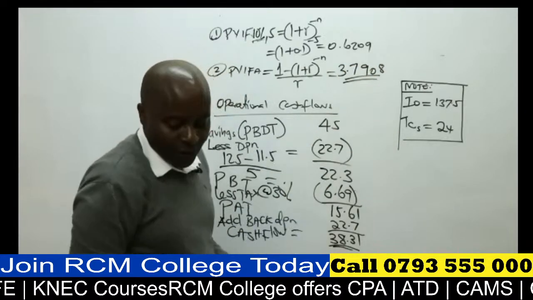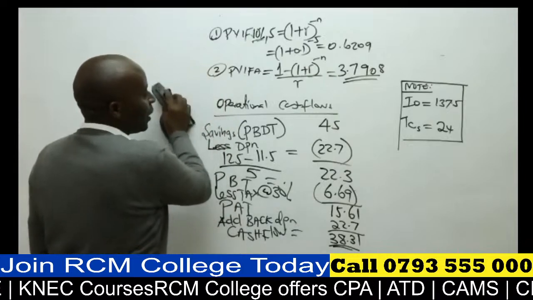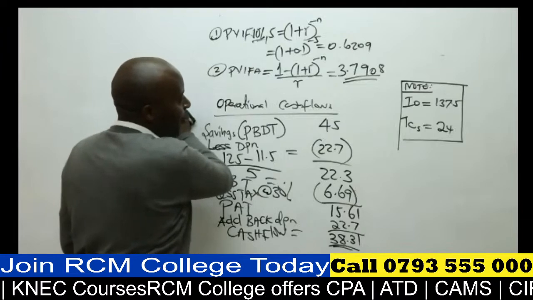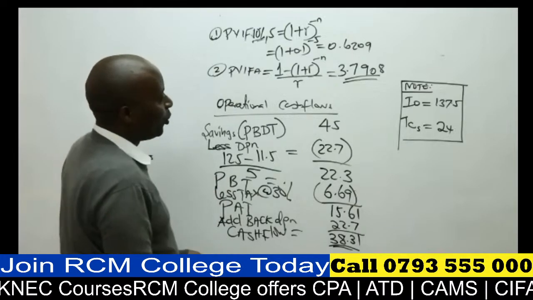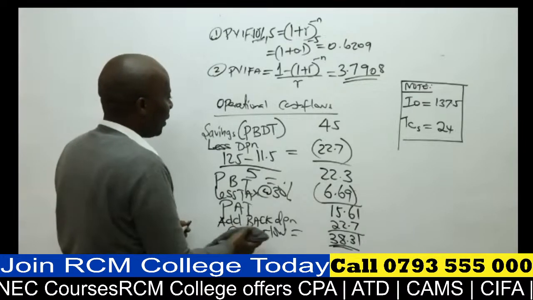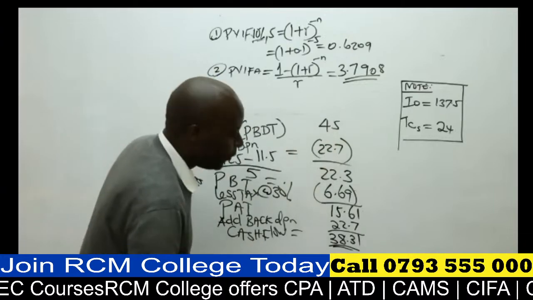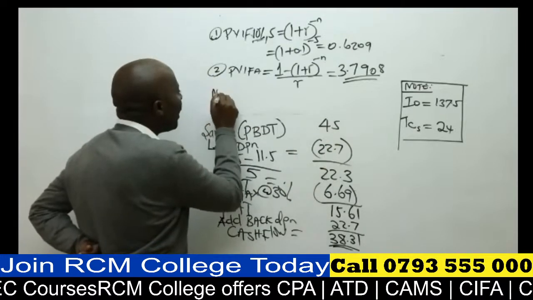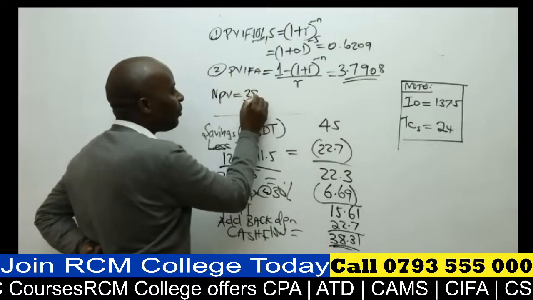Now, ladies and gentlemen, having gotten those parameters, let's get our net present value. To get net present value, what I need to do here is take my annuity cash flow, which is 38.31.